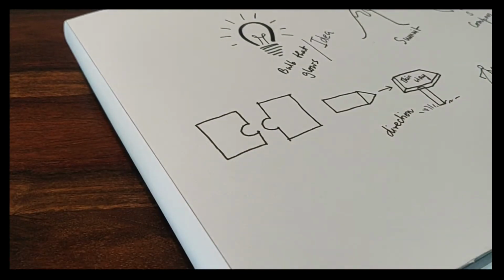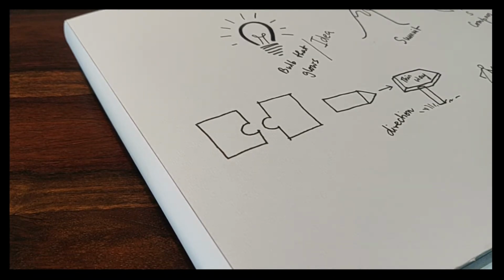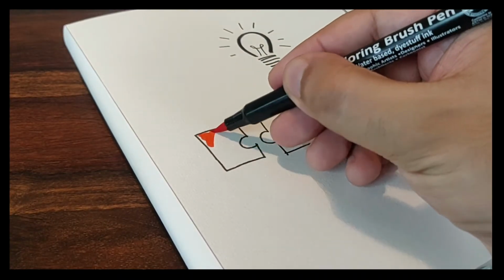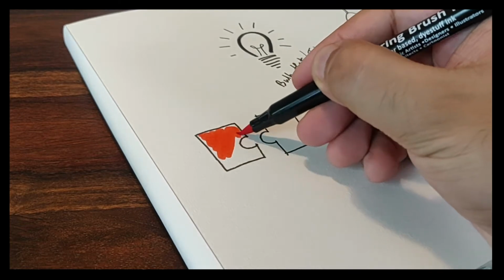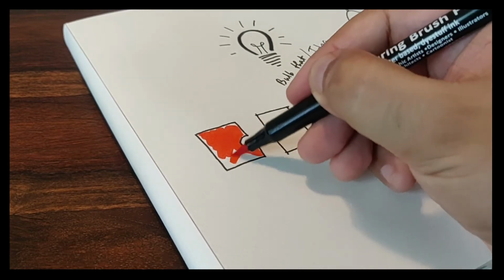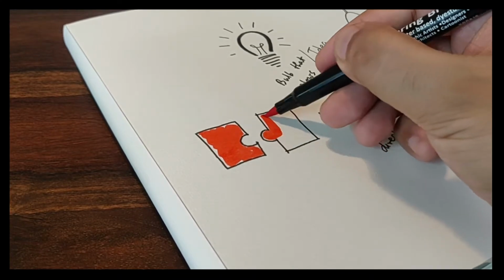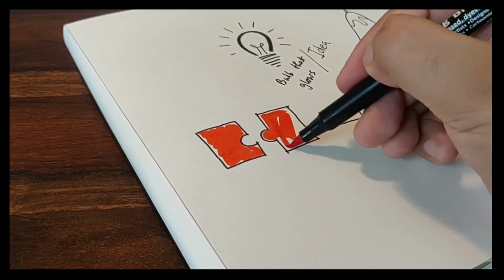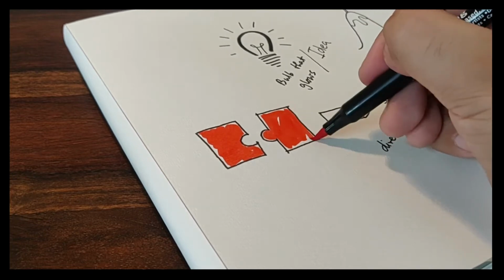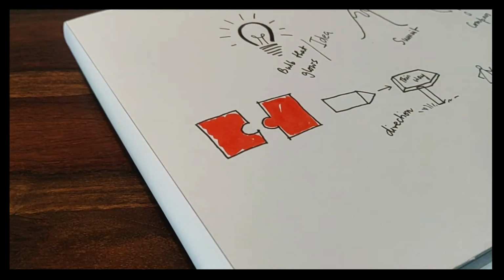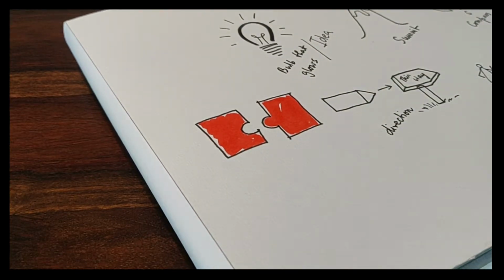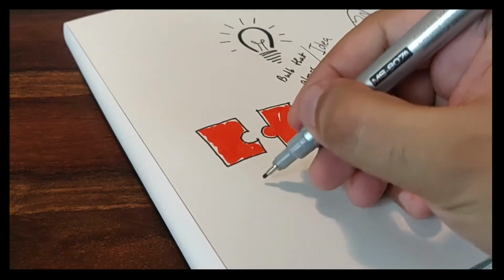Isn't it fantastic? 2 puzzle pieces created so fast. You can definitely give these 2 puzzle shapes some colors. We are done. Isn't it easy?